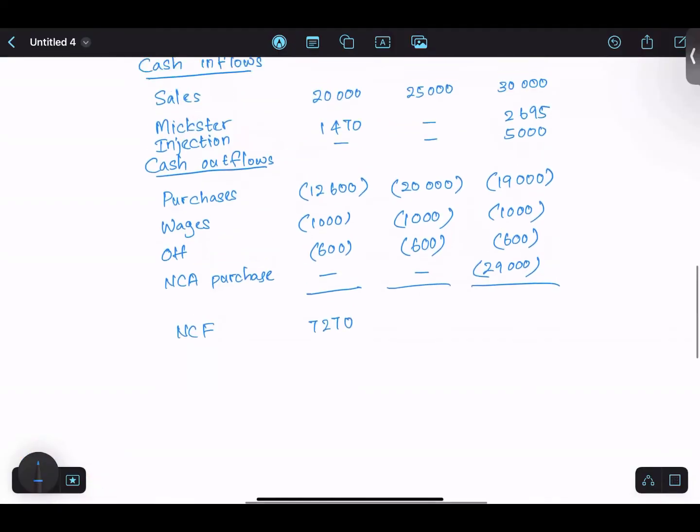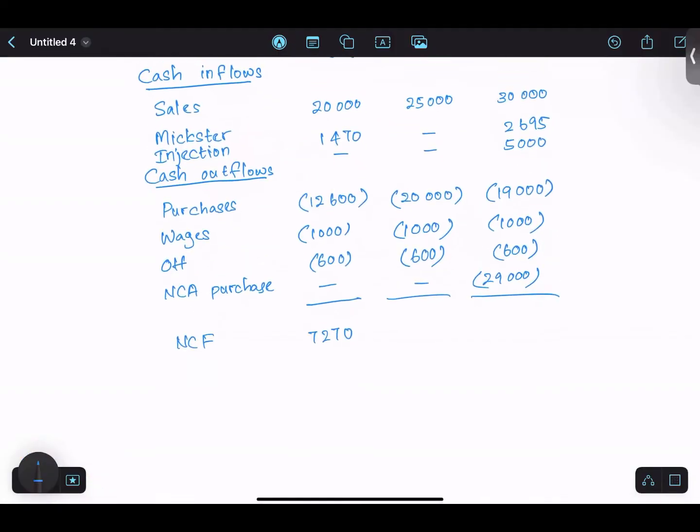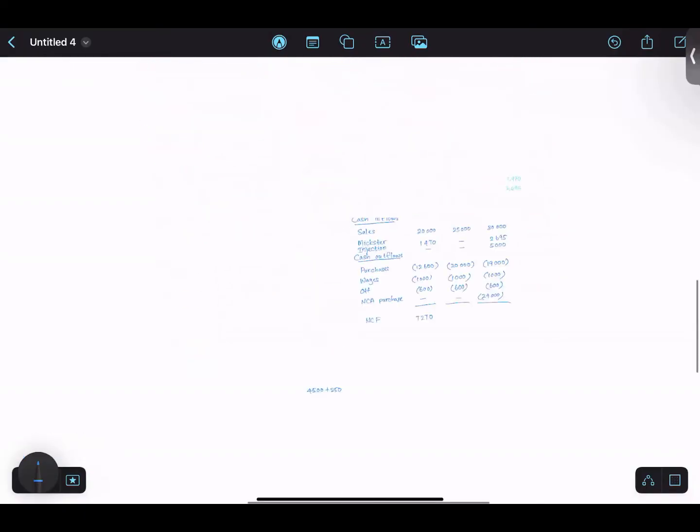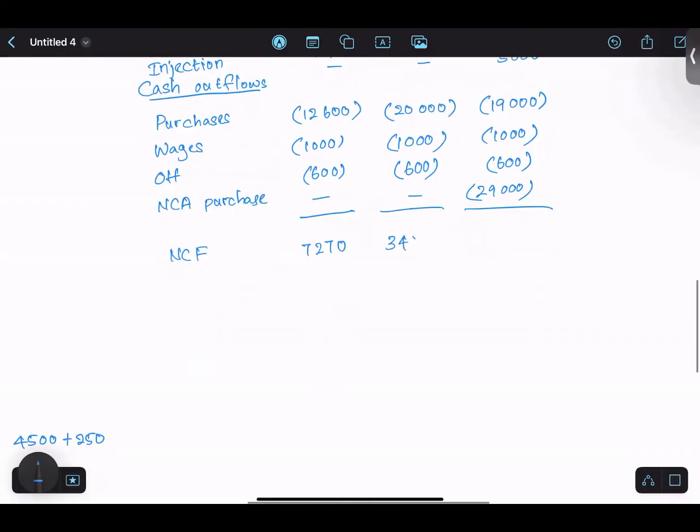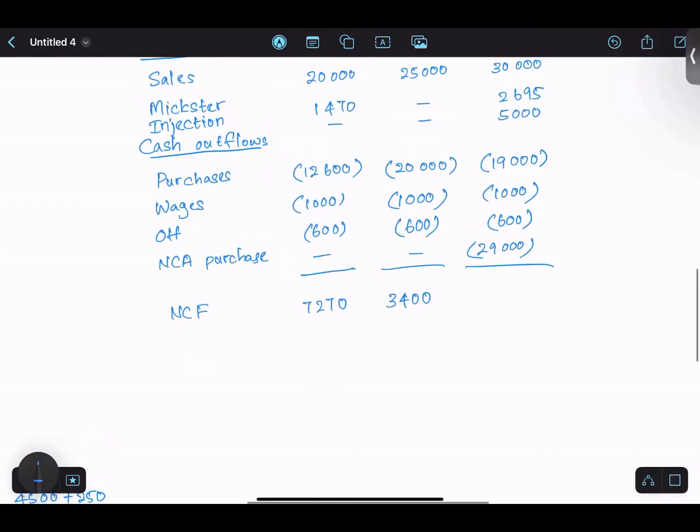If you take the net cash flow for the month of February, it will be 25,000 minus 20,000 minus 1,000 minus 600. It will be 3,400.